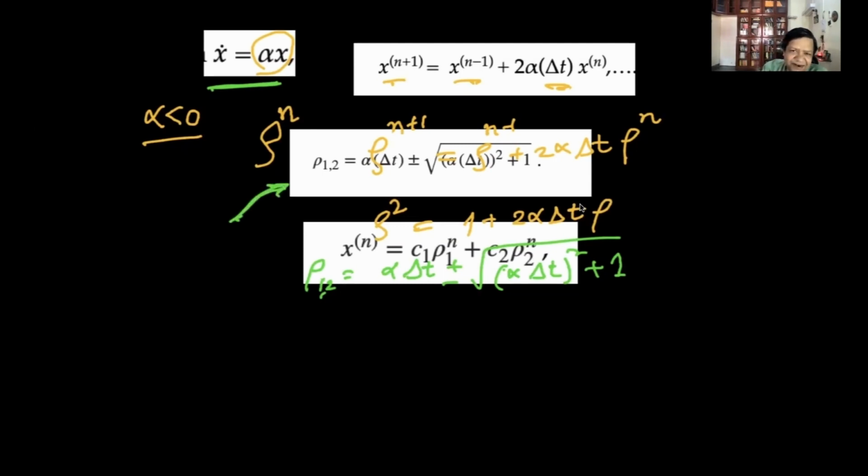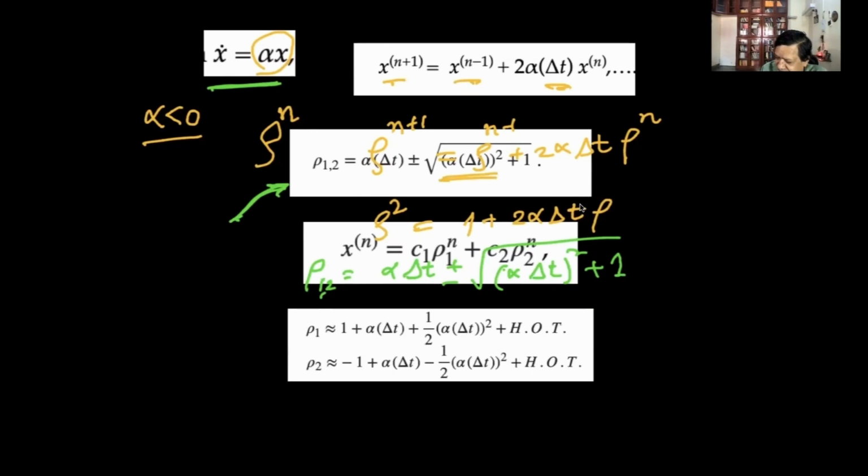Taylor expansion. So alpha delta t is supposed to be small compared to 1. So when I expand it, I get these two expressions, rho 1 and rho 2. Now it turns out rho 2 is minus 1 plus alpha delta t. This is just simple Taylor expansion, assuming alpha delta t to be small. Which one is the correct expression?